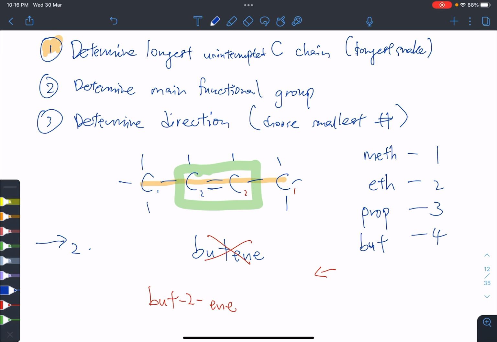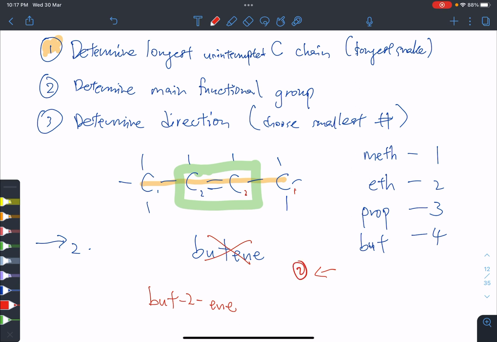So let's take a look. If I count from the left, I see my C double bond C first appear on the second carbon, so you can see 1, 2, second carbon. So it's 2. If I count from the right, first carbon, second carbon, oh, again 2.